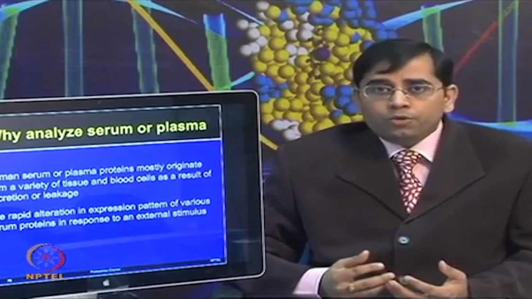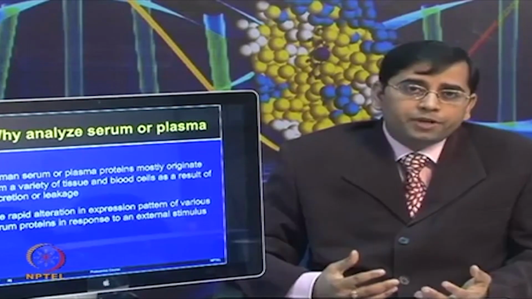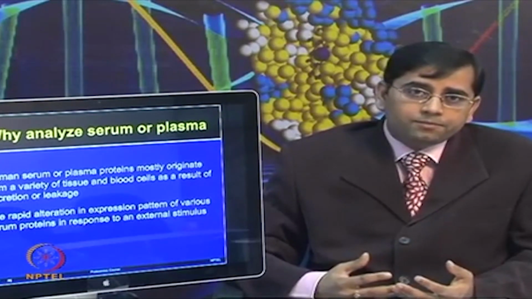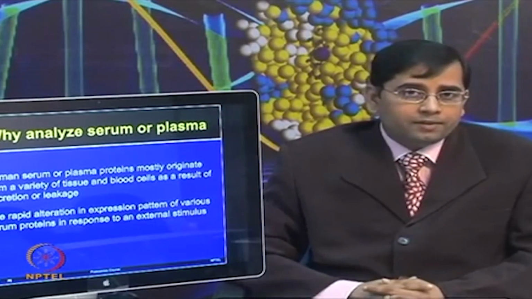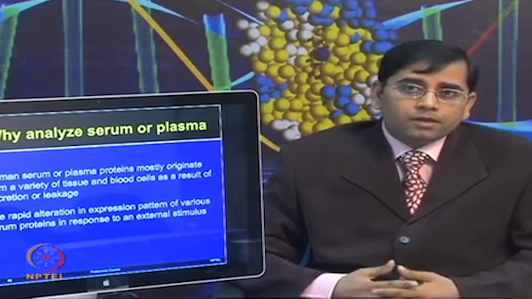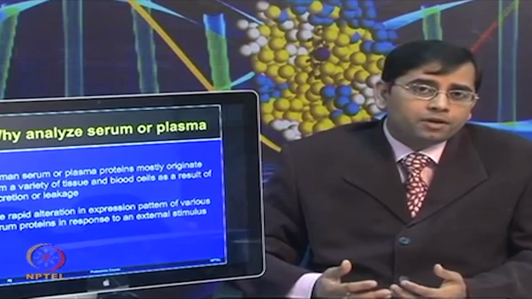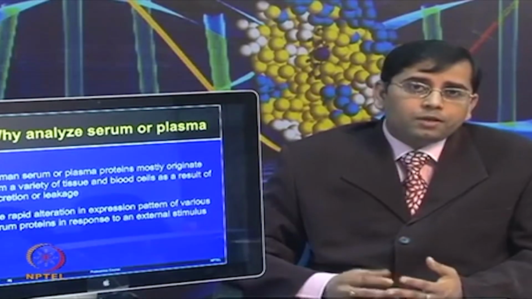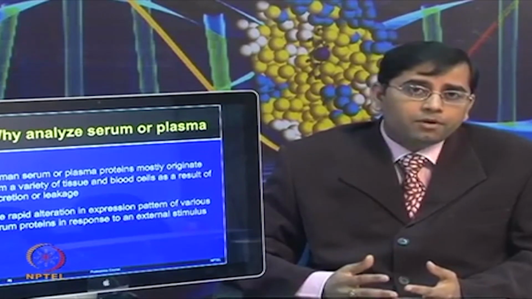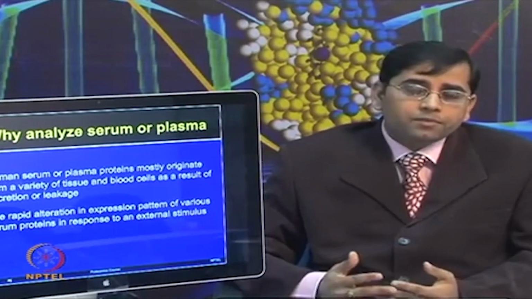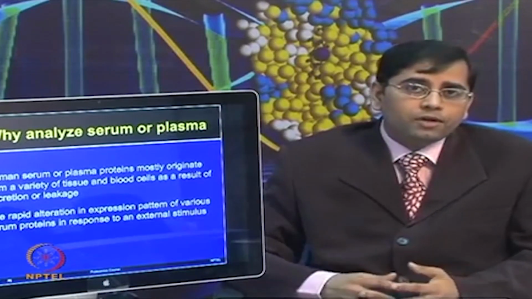So, to get a feel for the physiological changes happening in a patient due to a disease, people analyze serum or plasma proteome very often, because blood removal for various tests is routinely performed in clinics. Blood is a very easily accessible sample, and performing serum or plasma proteome analysis becomes very easy as compared to dissecting out a tissue for further analysis.